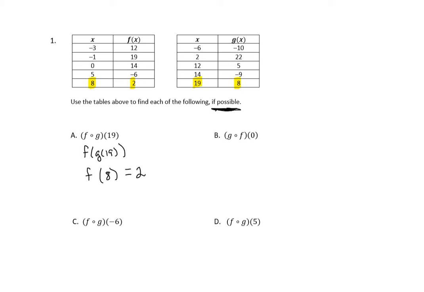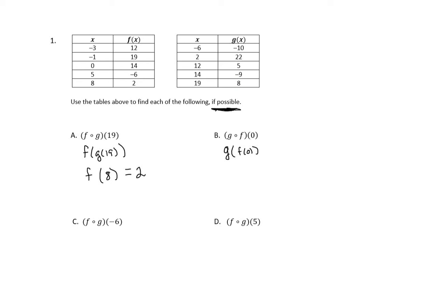Problem B, I want to find g of f of 0. So here I want to put 0 into the f function and then put that answer into the g function. So another way to write this is g(f(0)).